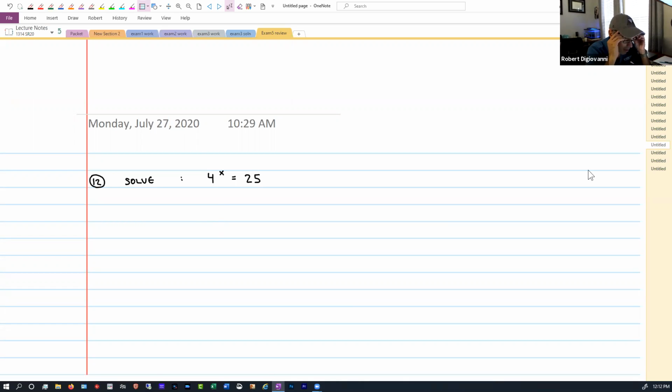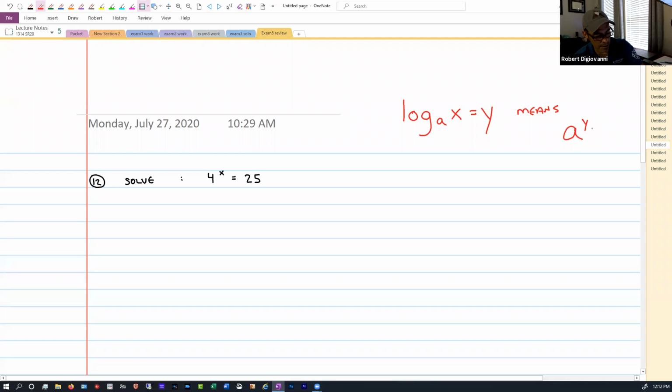All right, so what we're doing right here is we're going to solve these equations, using a couple of properties. But here's the main idea. I told you all last time that when you see log base a of x equal to something, y, this means that a raised to that y equals x.